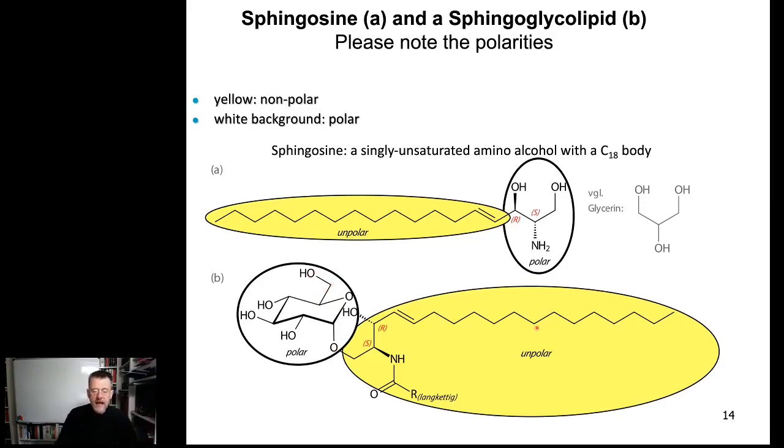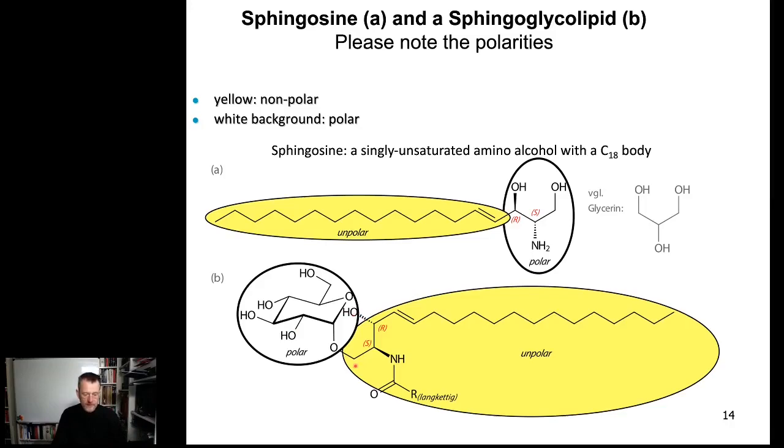And once again, I think it becomes clear that this long chain side chain of our ceramide once again contributes to the non-polar part, hence it's shown in yellow, and of course the sugar molecule here, being a glucose, once again brings along the polar component, just as the free hydroxy group of carbon number 3 is, sorry.